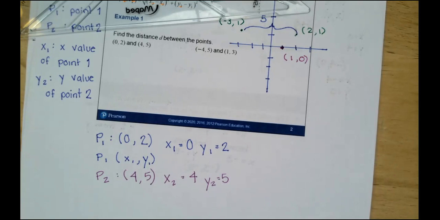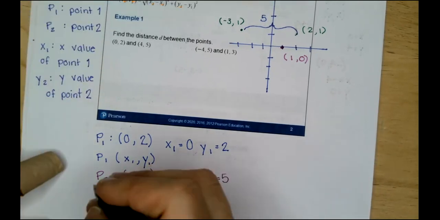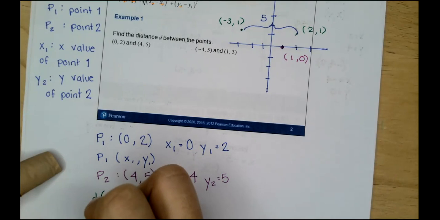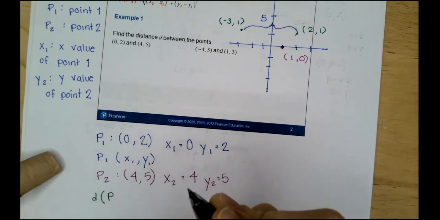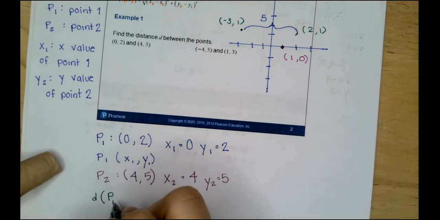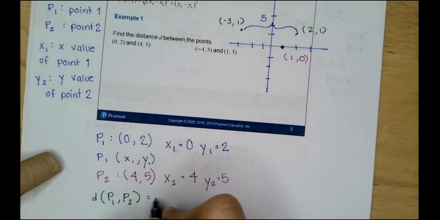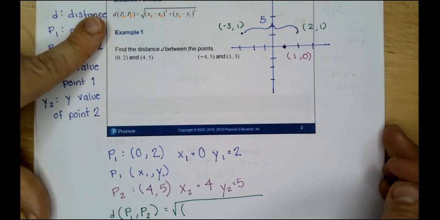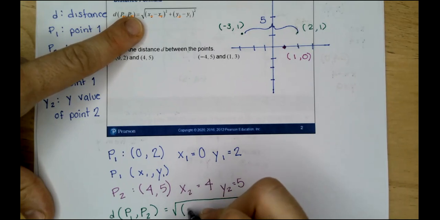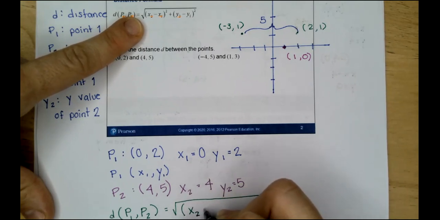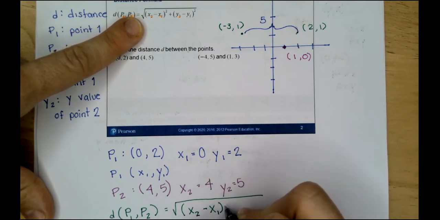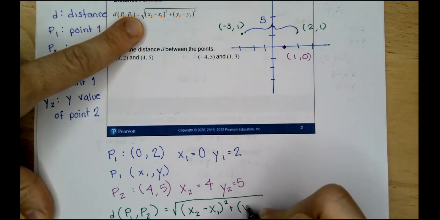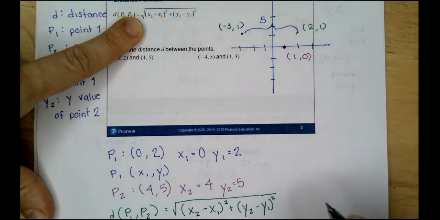We now just plug those into the distance formula. The distance between P1 and P2 is the square root of x2 minus x1 squared plus y2 minus y1 squared.